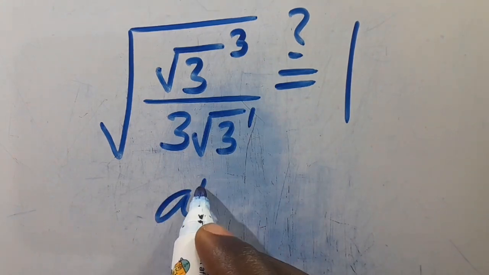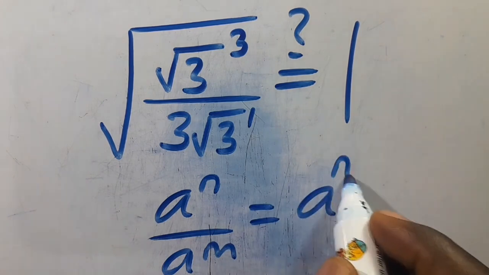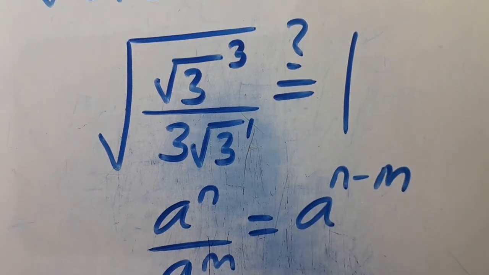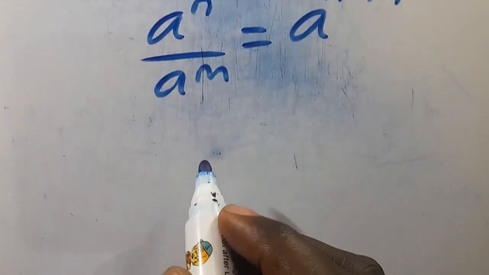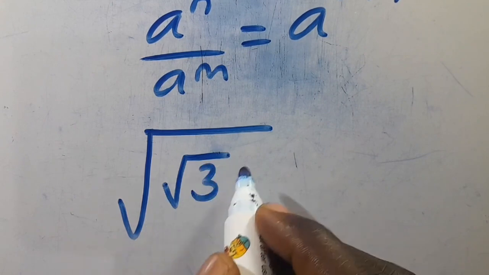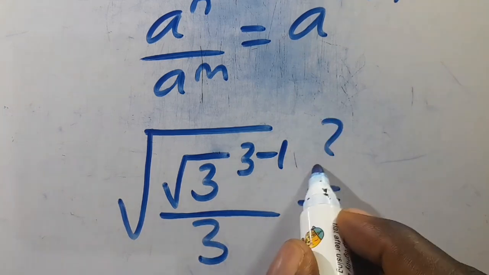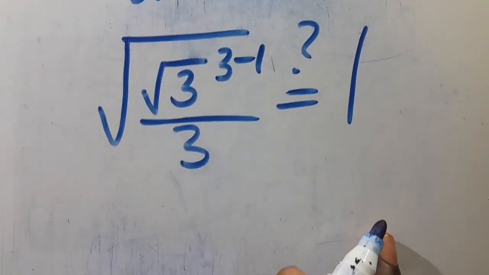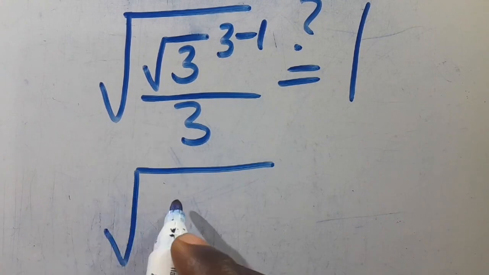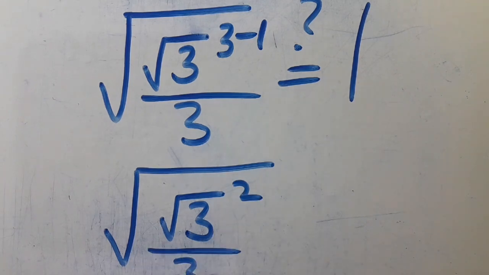From the law of indices, when you have a to the power of n divided by a to the power of m, it equals a to the power of n minus m. So when you apply it here, we have root of root 3 to the power of 3 minus 1 divided by 3, which gives us 1. So we have root of root 3 to the power of 2 divided by 3.